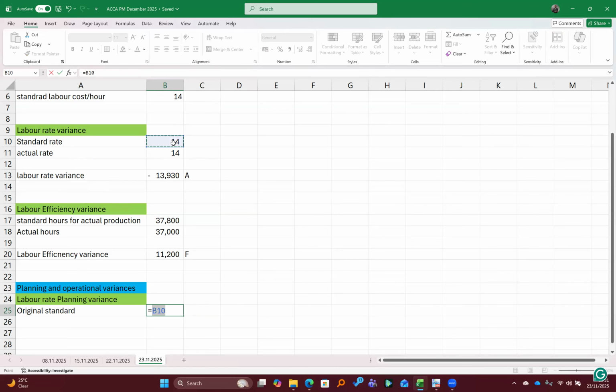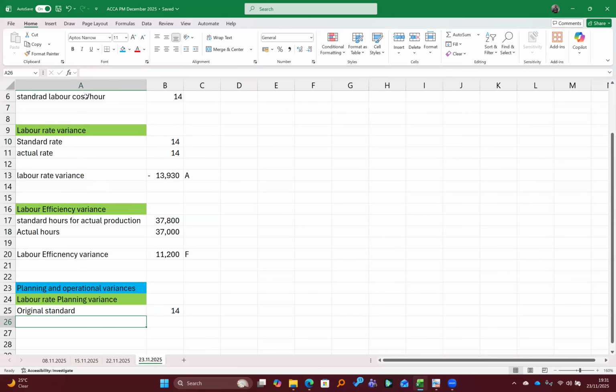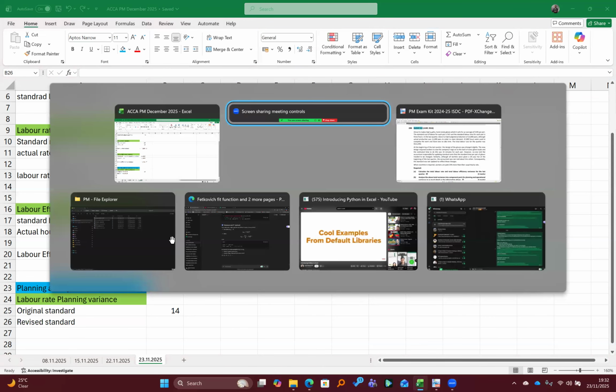And remember, these are $14 per hour. Okay? But actually what had happened was they had revised the standard because they had given everyone a pay raise of 2%.